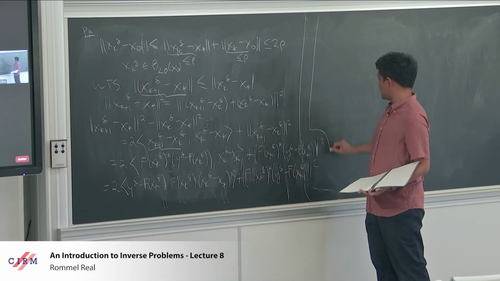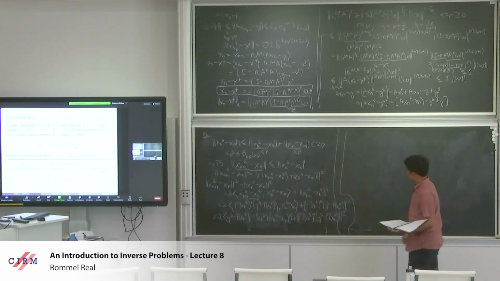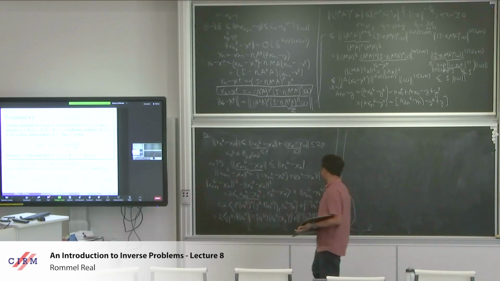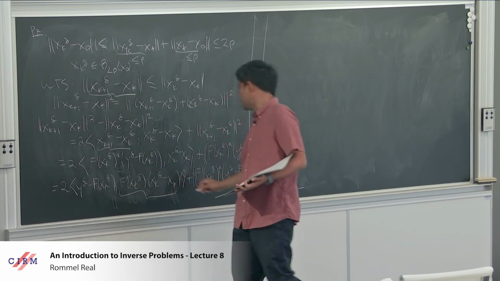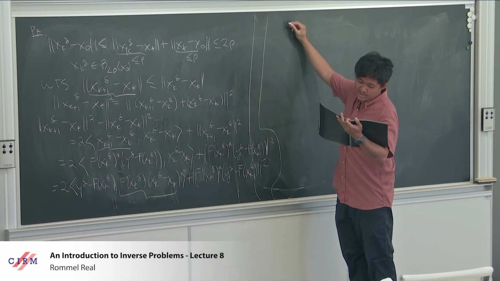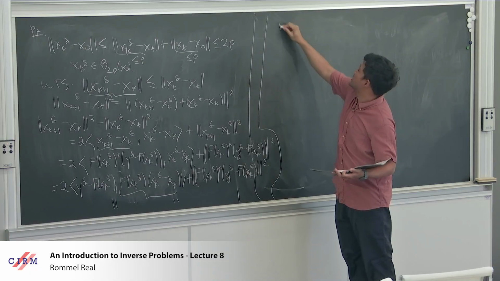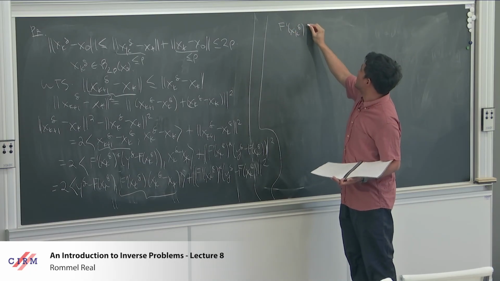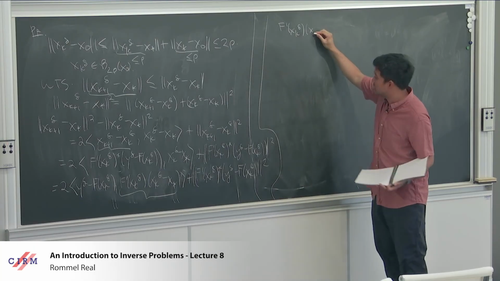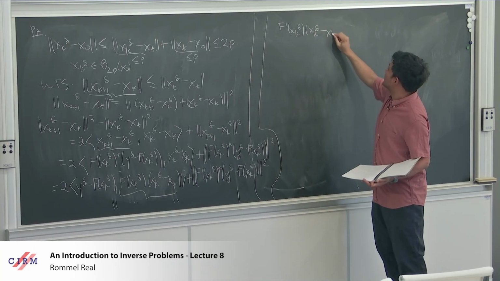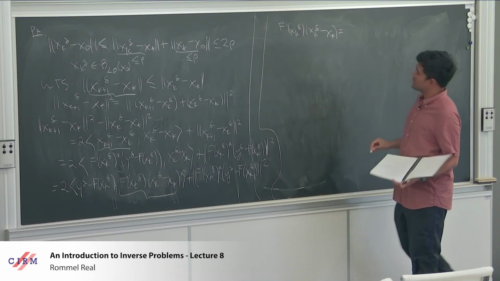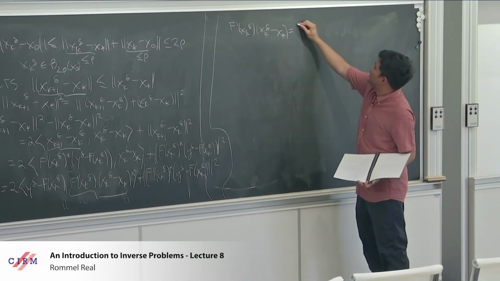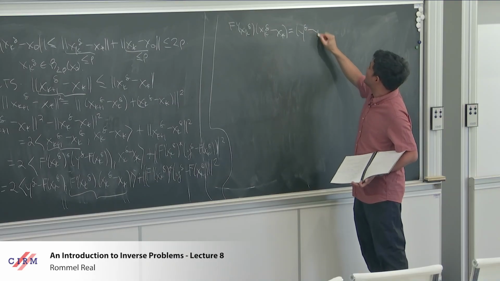Okay, and then from this one, we need to deal with this one by doing this identity here, which can be done by adding and subtracting. Note the term there with the f prime of xk delta times xk delta minus x star. We can substitute it by an identity which looks like this.